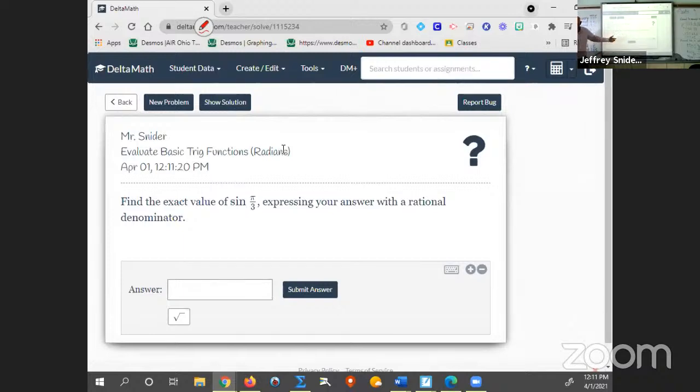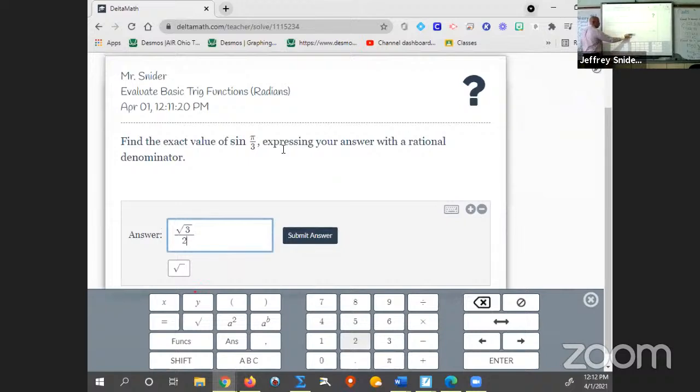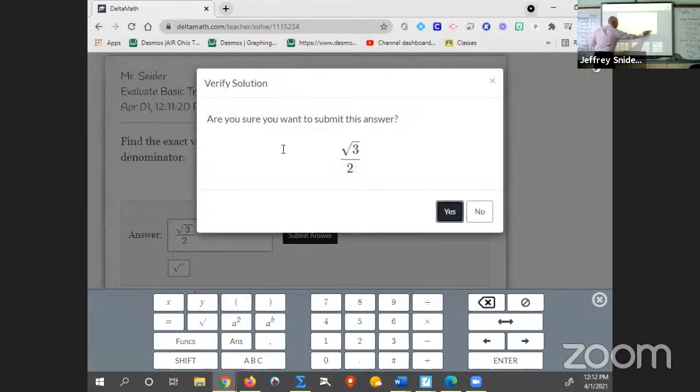Do you understand that? So when I do sine of pi over 3, I just have to know what the y value of pi over 3 is. And all you had to do was type in radical 3 over 2. Submit it. Yes, that's what I want.